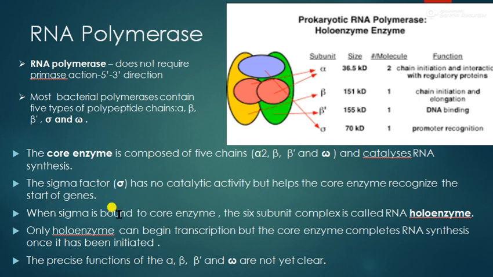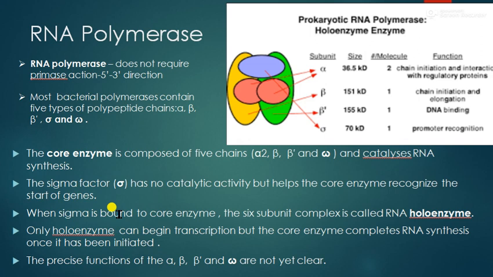Now the sigma factor has no catalytic activity, but mainly it helps the core enzyme to recognize the start of a particular gene. And when the sigma is bound to the core enzyme, the 6 subunit complex is called the RNA holoenzyme.